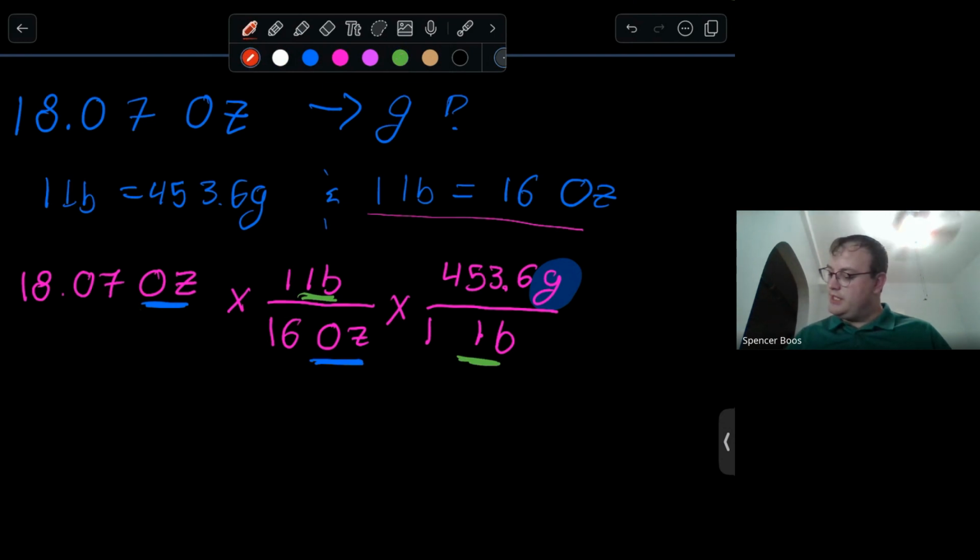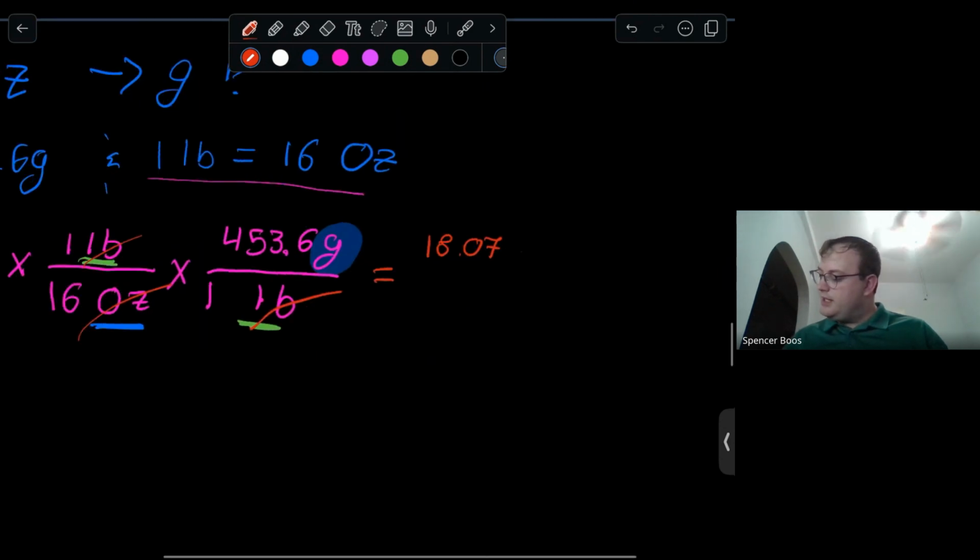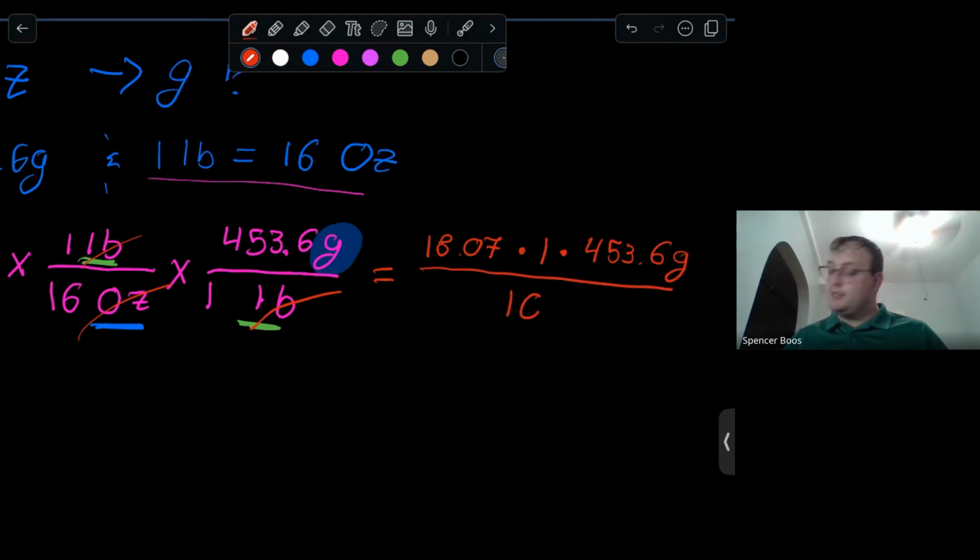So if all these cancel, I'm left with 18.07 times 1 times 453.6 grams over 16.